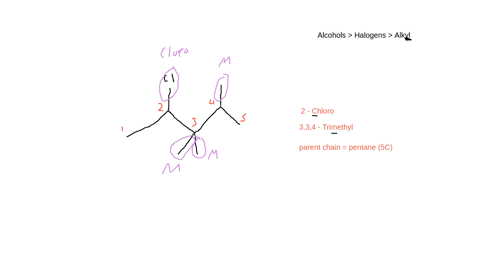So 2-chloro dash 3,3,4 dash trimethyl, and then between trimethyl and pentane there is no dash, so it should be like this.